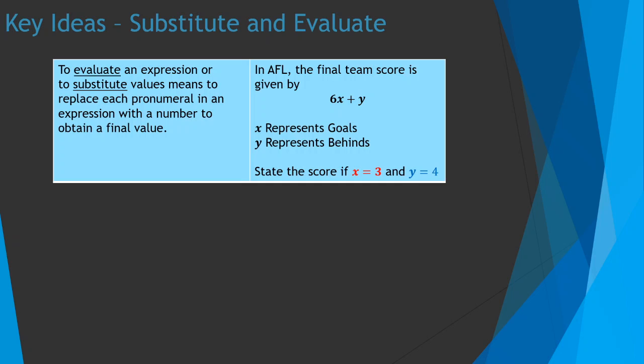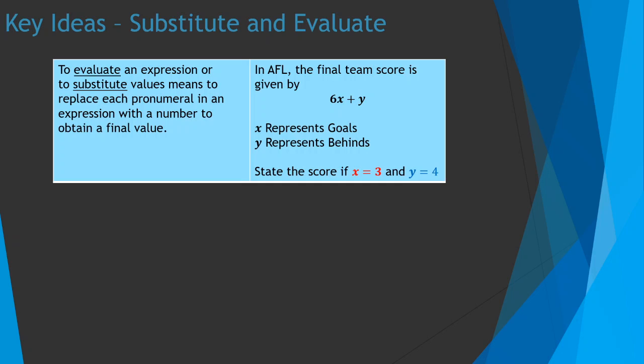That's why the 6 and the x are attached to each other. And the y represents behinds, or points, which basically means 1 point. So that's why there's no 1 in front, because we just ignore it and choose not to put a number in front. But we know that the number in front of that should be a 1.